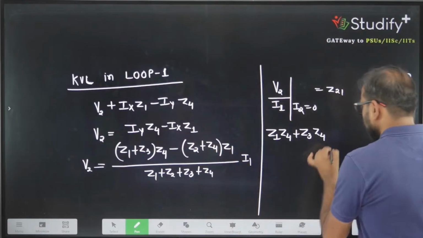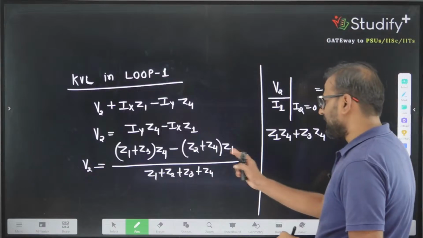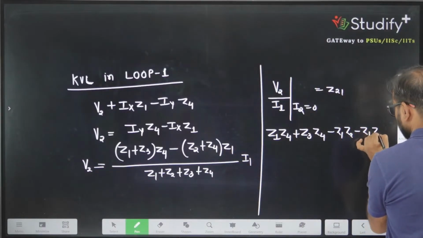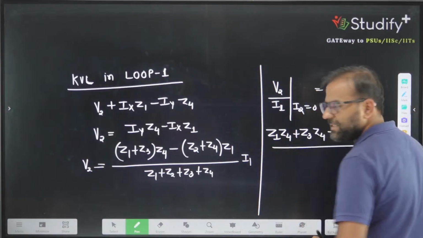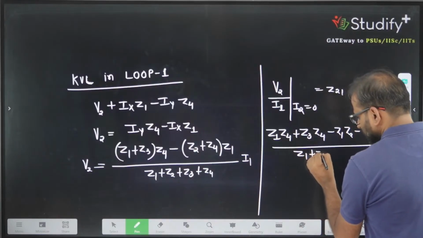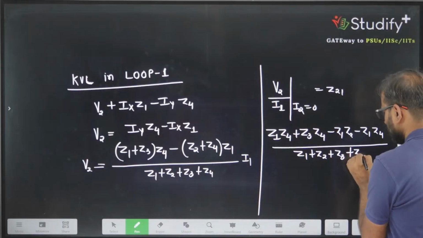Then we have minus Z1 Z2 minus Z1 Z4, divided by the sum of all resistances, Z1 plus Z2 plus Z3 plus Z4.